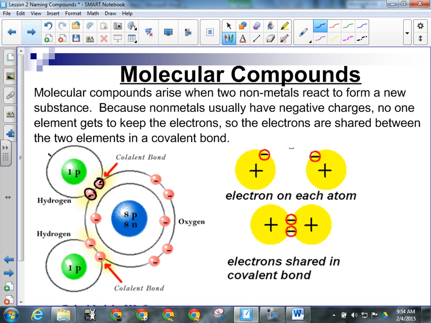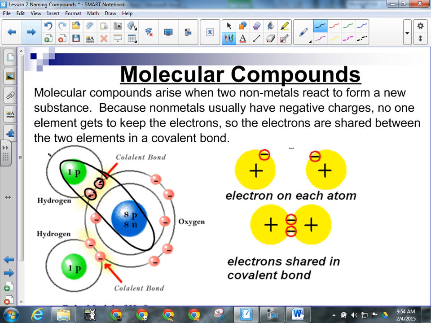What actually happens is the orbit of this electron, instead of being a nice circle around the proton, becomes more like this. It actually orbits both, and it spends more time near oxygen. Meaning it's shared, but it's not shared perfectly equal. So it's shared a little bit. Because they have to share each other's electrons, they can't leave each other either.